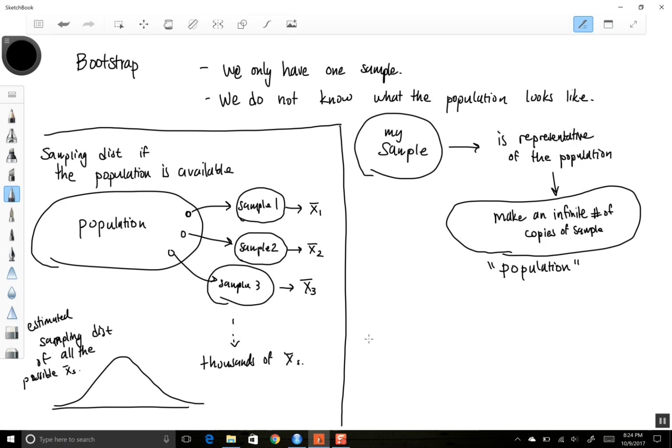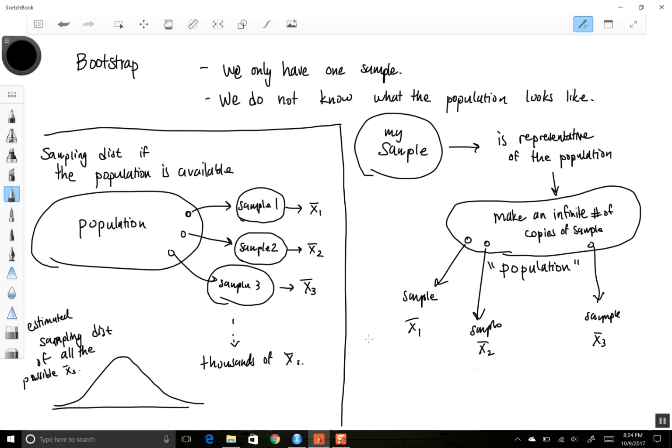And then I want a sampling distribution. All right, let's do it. We're going to take a sample, get x bar 1, take another sample, x bar 2, take another sample, x bar 3.